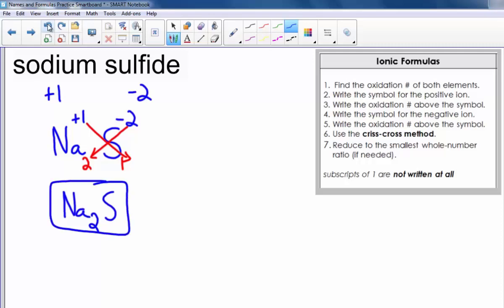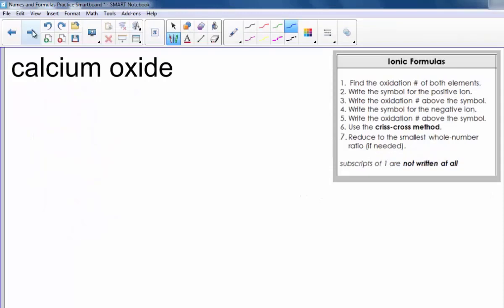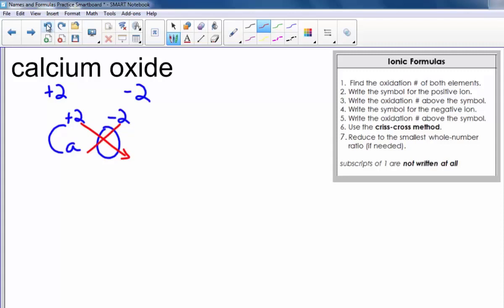Now moving on to the next one, we've got calcium oxide. And so calcium, that's in group 2, so that's a +2. And we've got oxygen, and that's in group 16. And so that's -2. And so let's write the symbol of the first element with its charge, and we'll write the symbol of the negative with a -2. I'm going to use the crisscross method and bring those down.